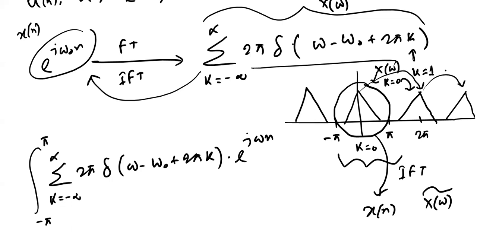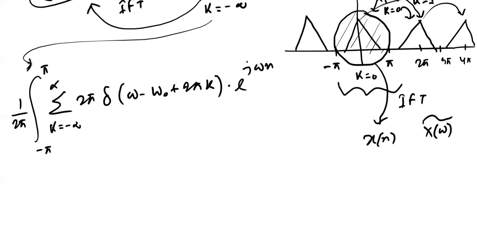After twice pi, that will repeat again. So this is 4 pi, and here this is 3 pi. So we are only considering this baseband, and you need to put an averaging factor, and this is the inverse Fourier transform. So if we start with this and do the inverse Fourier transform, this is the equation.